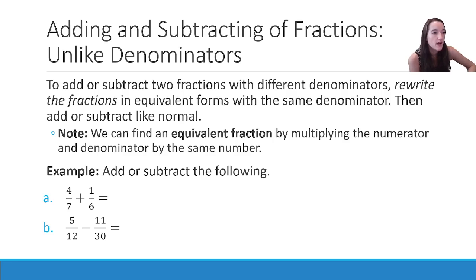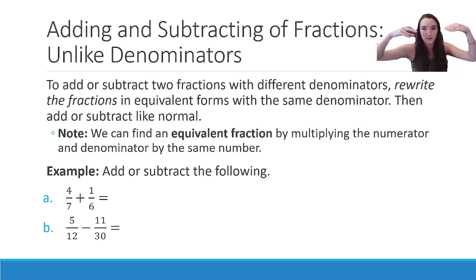So if I get 7 times 6 and 6 times 7, they're going to be the same number, right? In part B, we'll see another way to do this, but in this case, there's no common divisor between these, so what's called least common multiple, which means a multiple is things that you can multiply to get to. The least common one is whichever one that both 7 and 6 share. It's going to be 7 times 6, which is 42.